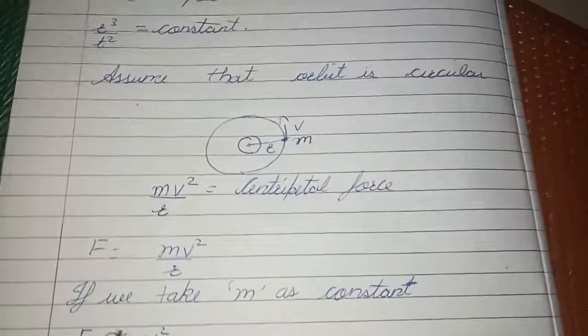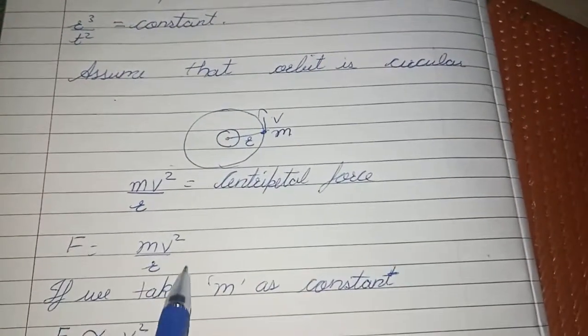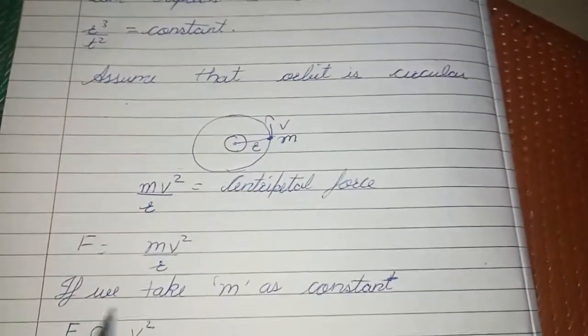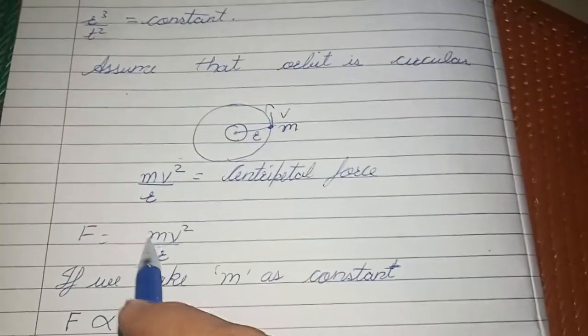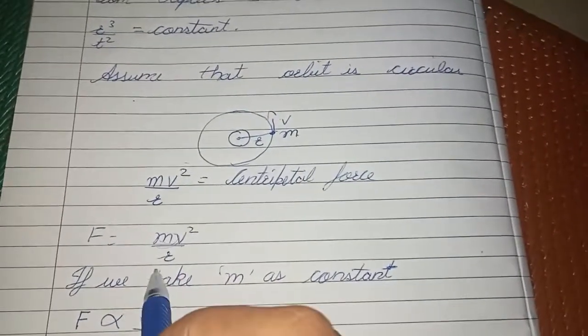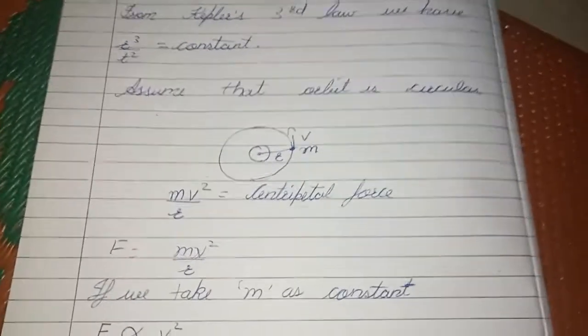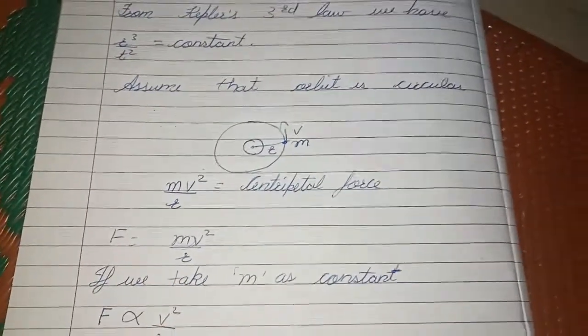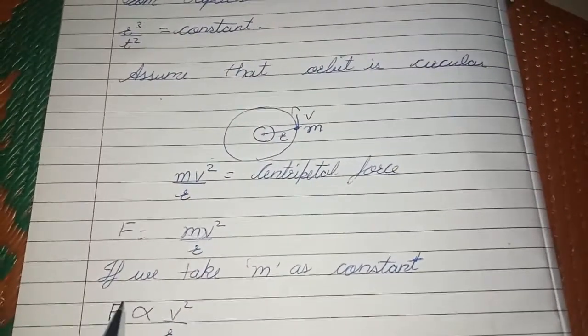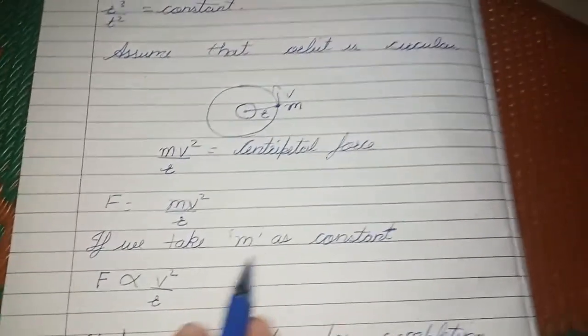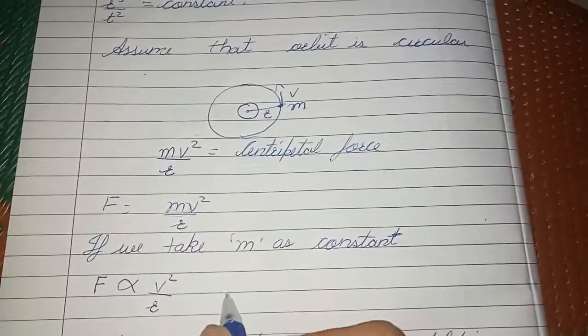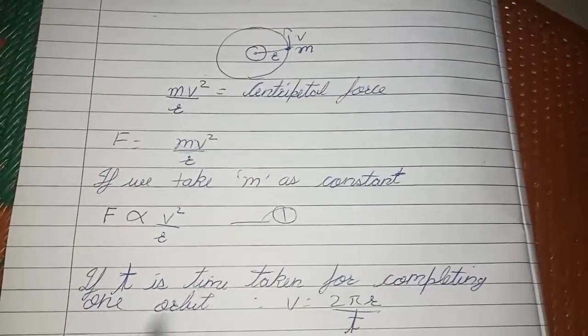So F is equal to mv square by r, and here we know that mass is constant everywhere, unless the speed is near the speed of light, so leave it. So if we take mass as a constant, then we will get that F is directly proportional to v square by r. This is our first equation.